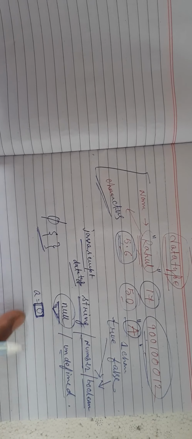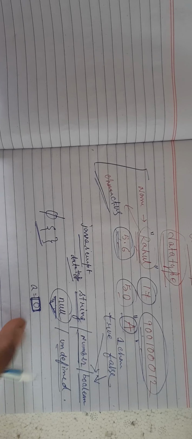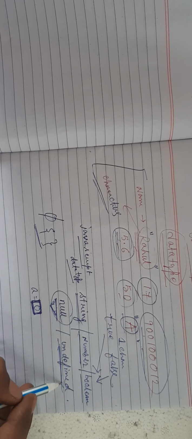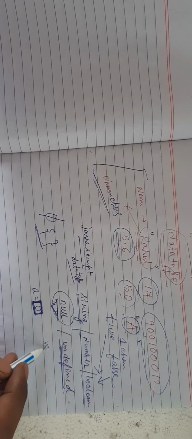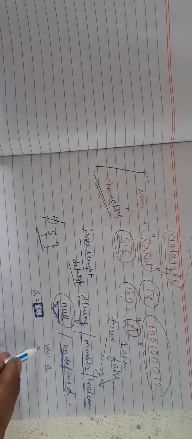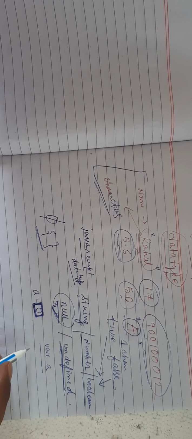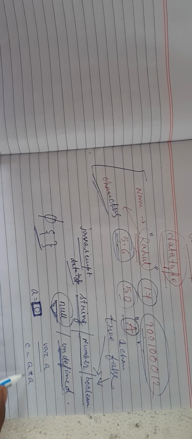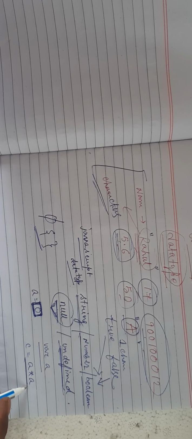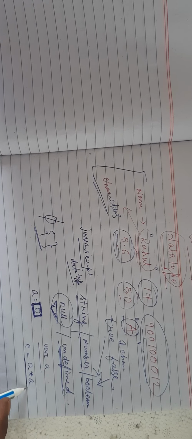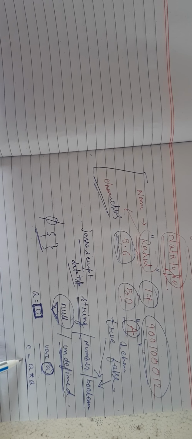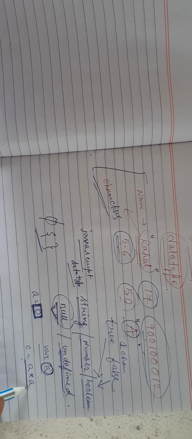And undefined means that in a variable we have not initialized any value, but later we use that variable in some expression. Then we can say A is undefined, because no particular value is assigned to A, and that's why it is called undefined.